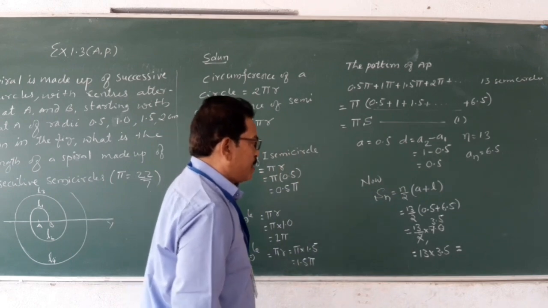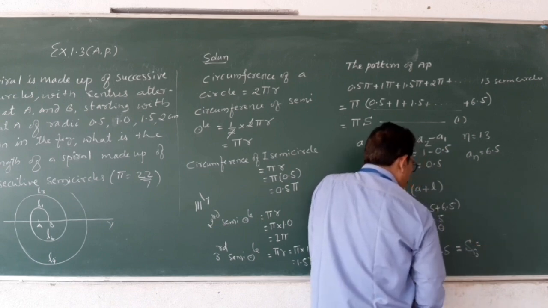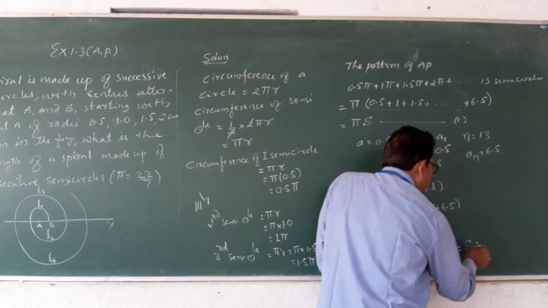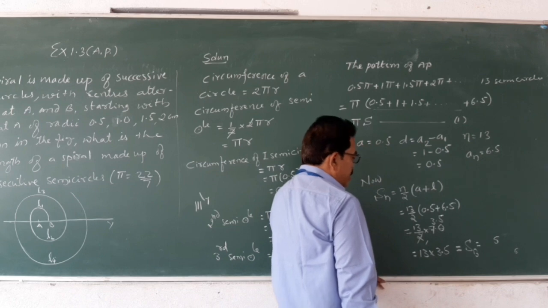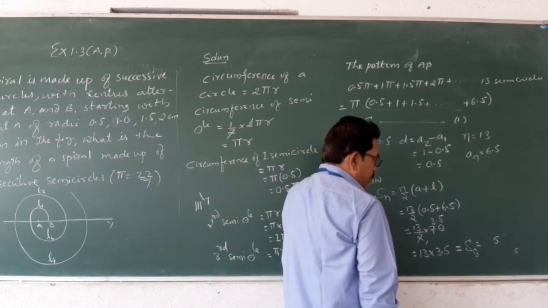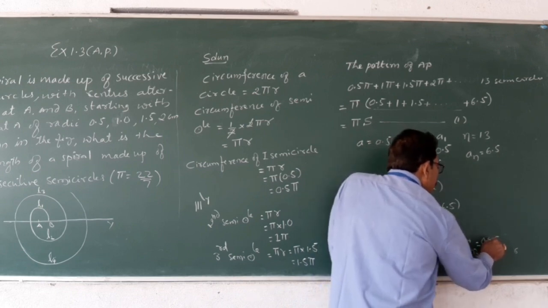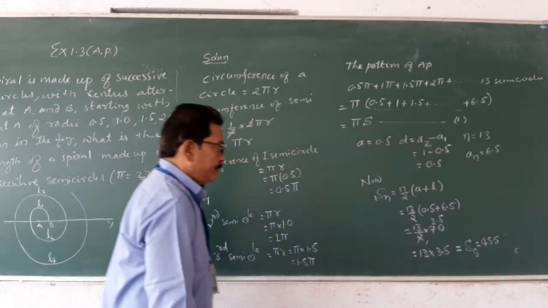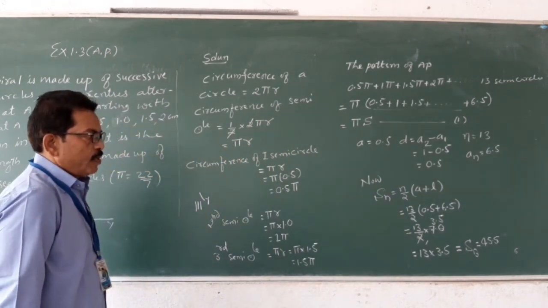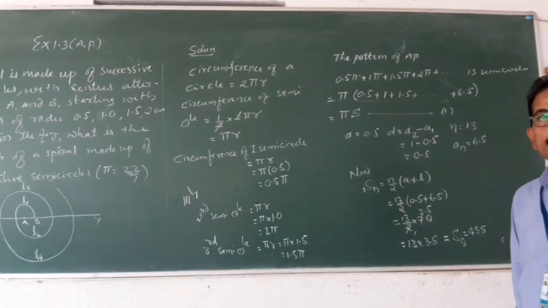So S13 equals 13 fives are 65, carry 6, 13 threes are 39, 39 plus 6, 45, so 45.5.